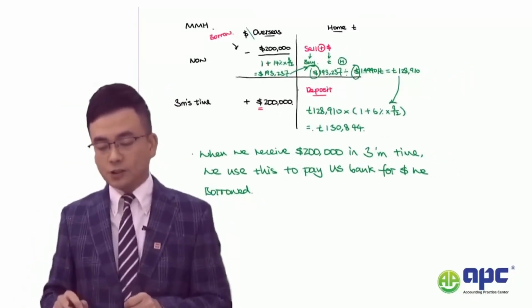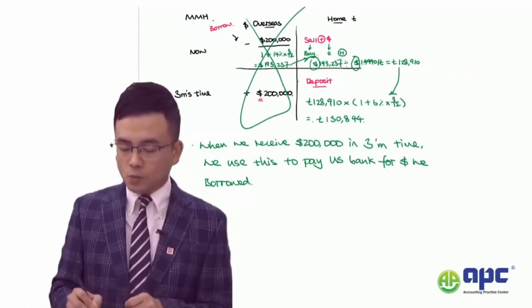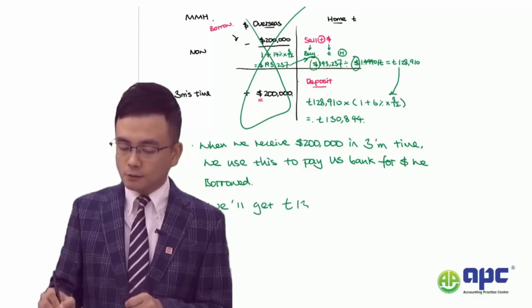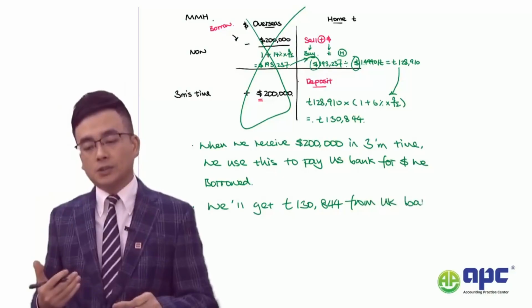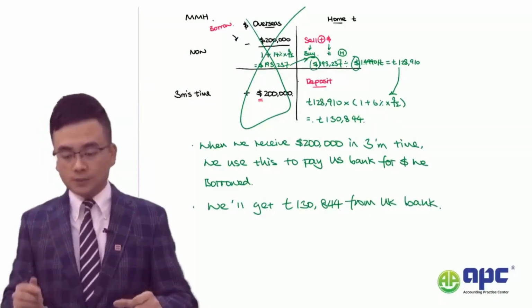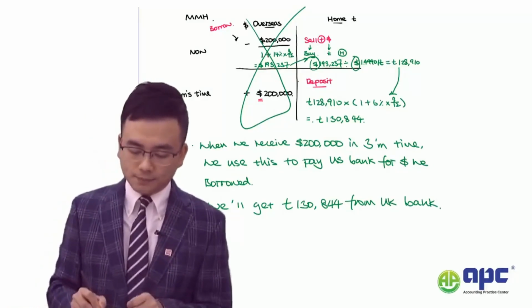Now, the next point I'd like to say is that we will get 138,844 from the UK bank. That's equivalent to $200,000, because that money has been locked at the current spot rate.